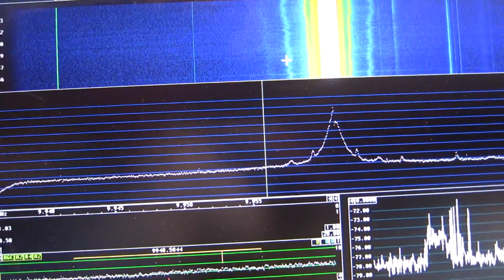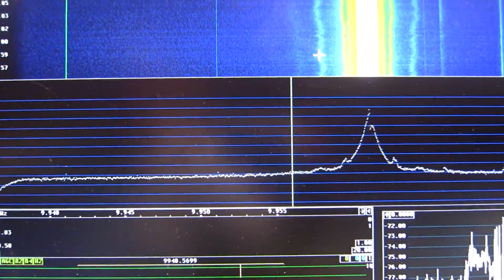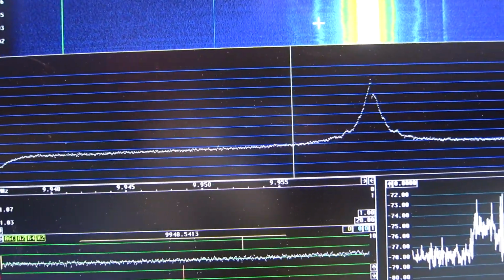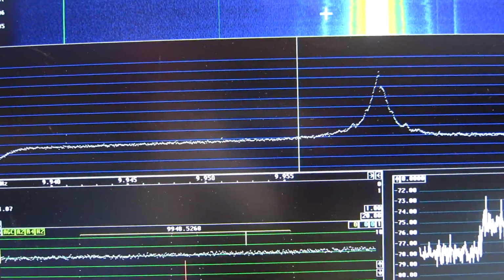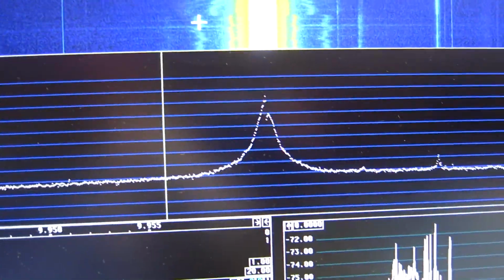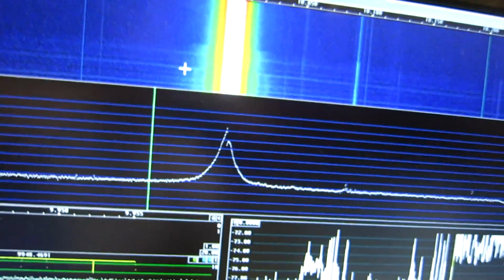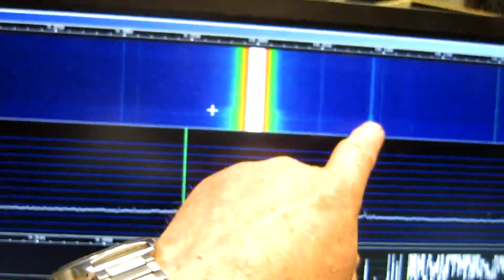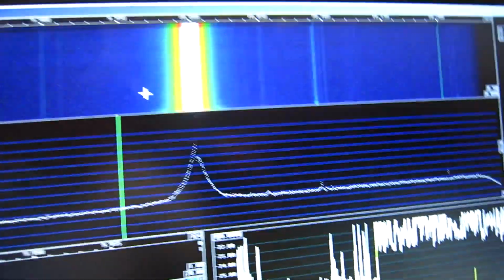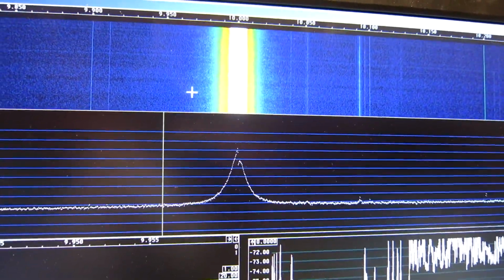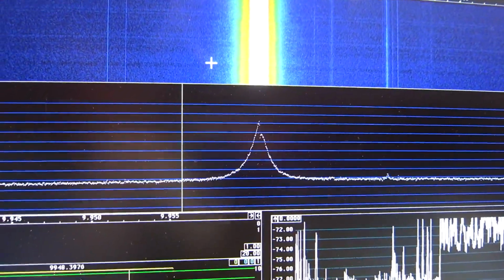So I step down again in steps of half a dB. 12.9, 12.4. And there is an abrupt change. Well, an abrupt change here that you can see here as well. And that signal. And one more step.